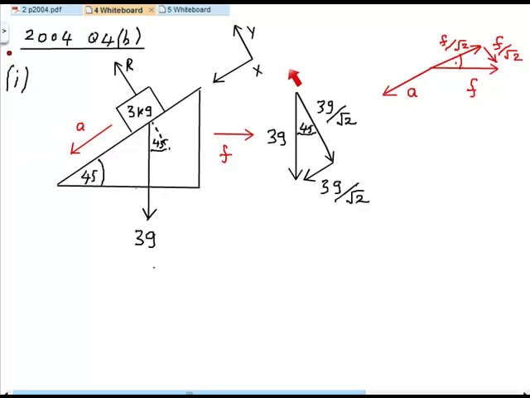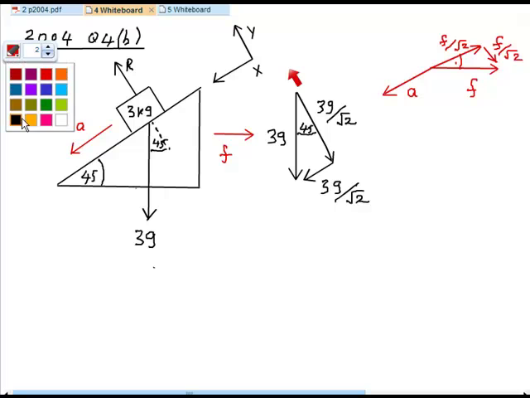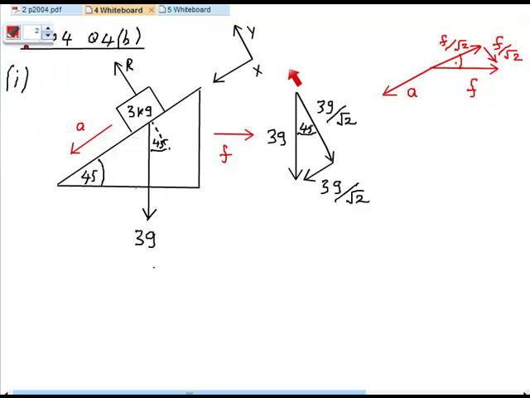Now we have to do the same thing for the wedge. We've got to draw the wedge again, but this time we're considering the forces on the wedge from outside. So let's just draw the wedge here. There's the object. And this time the force is on the wedge.